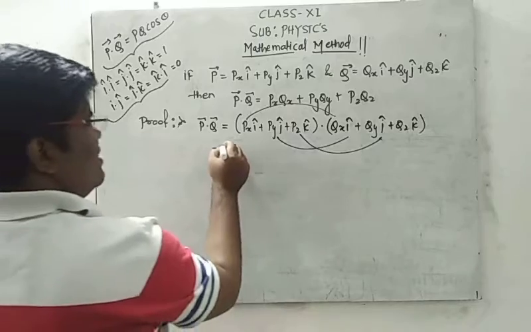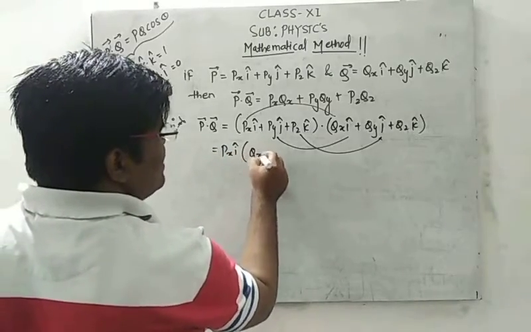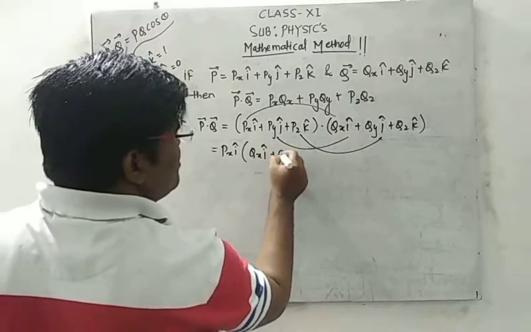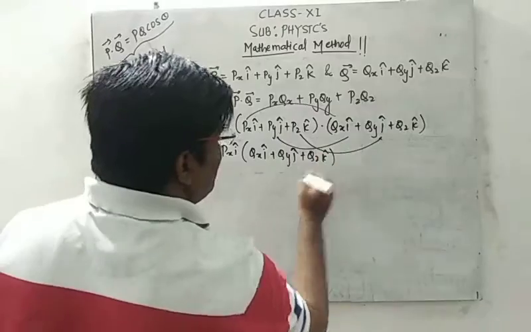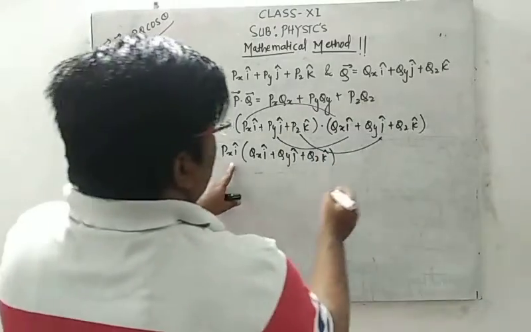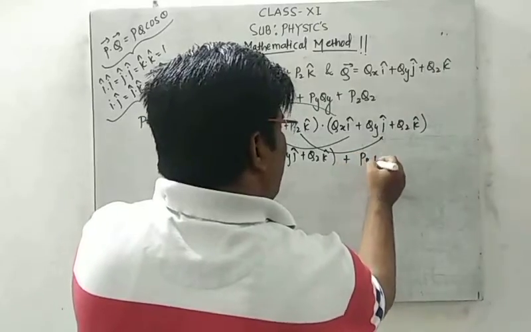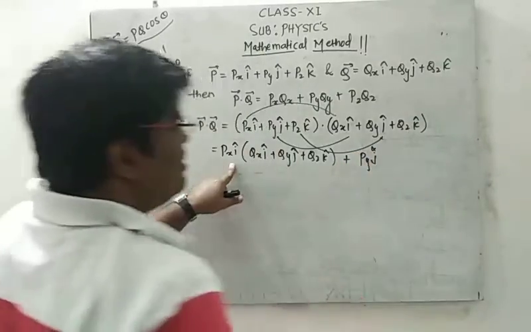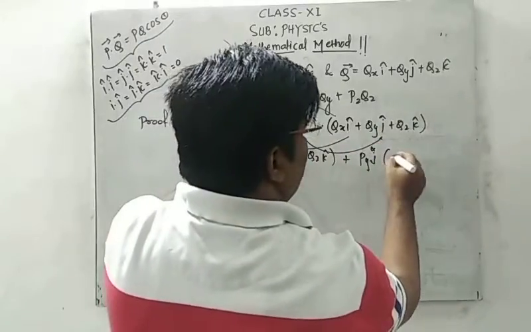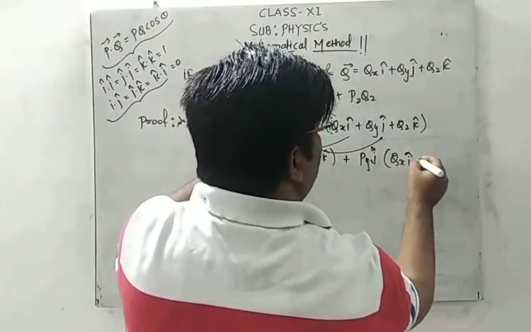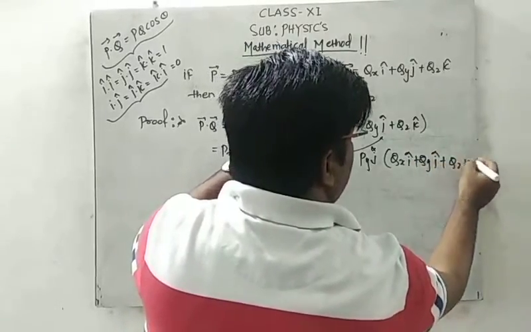So first we write px i cap multiplied by qx i cap plus qy j cap plus qz k cap. Similarly, plus py j cap, the second term, we have to multiply with the whole bracket, therefore qx i cap plus qy j cap plus qz k cap.